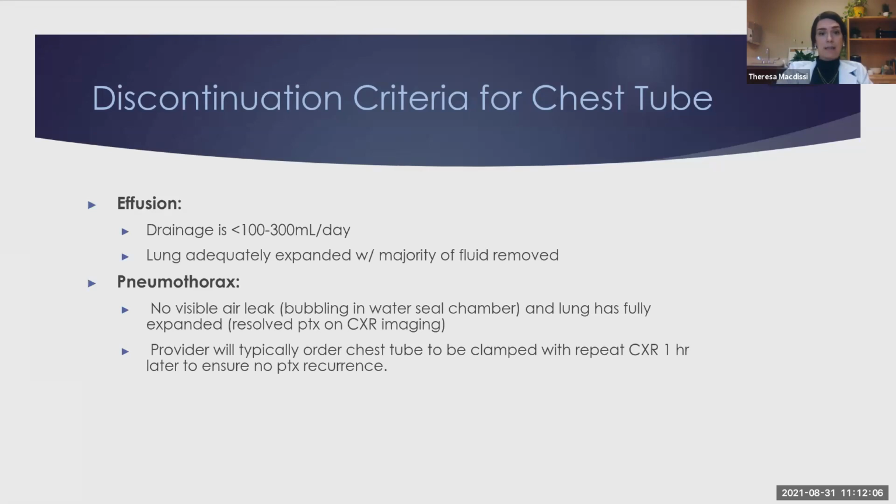You want to see that the lung has fully expanded, that there's no residual pneumothorax on chest x-ray imaging. And then like we talked about before, usually with a pneumothorax, they're going to do a trial clamping of the chest tube. And then usually you get a repeat chest x-ray in an hour just to make sure there hasn't been recurrence of your pneumothorax.